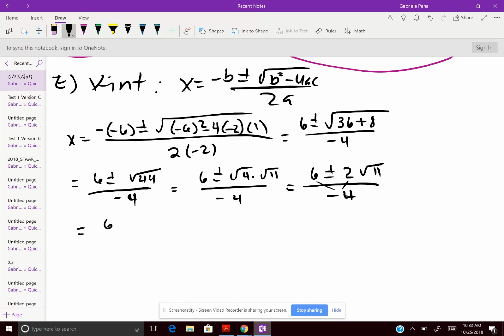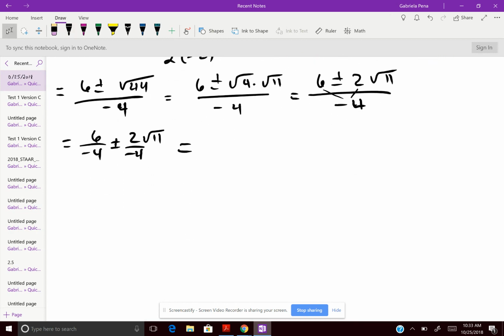If it helps you to split them up, do it. 6 over 4 reduces to negative 3 over 2, plus or minus 2 over negative 4, which is negative square root of 11 over 2. Or we could just write it as one fraction. They'll probably just put the 2 in the bottom and keep that positive.